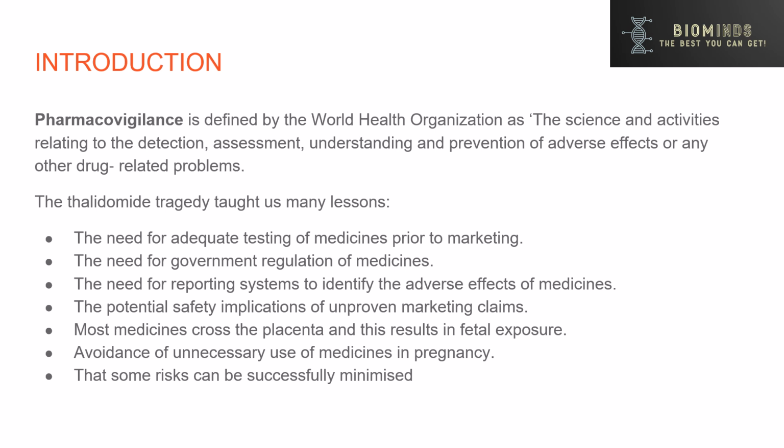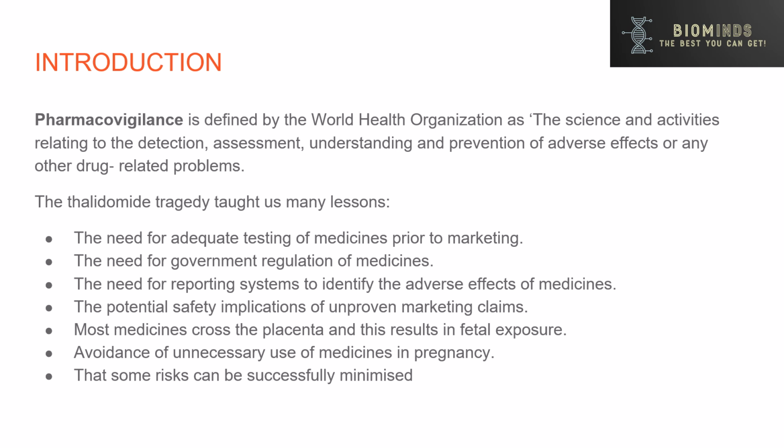The need for reporting systems to identify the adverse effects of medicines, so patients can openly report any adverse reactions they have. The potential safety implications of unproven marketing claims.